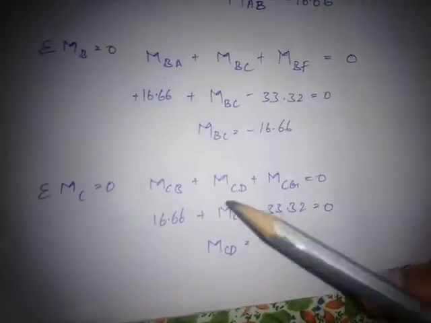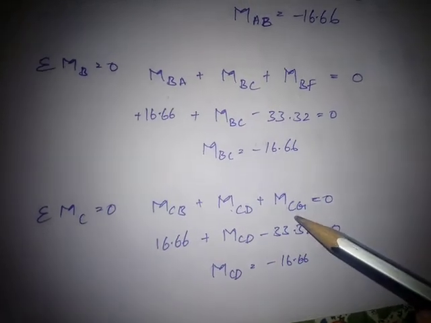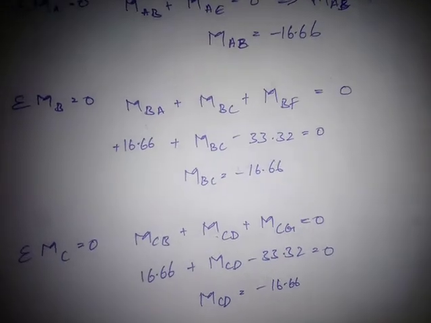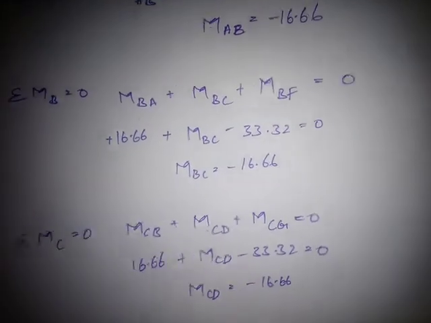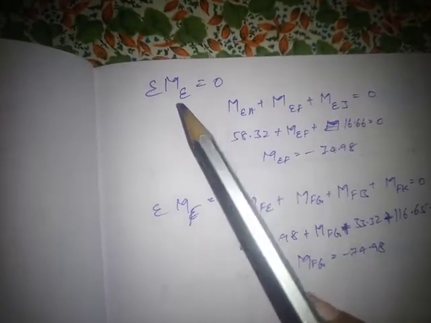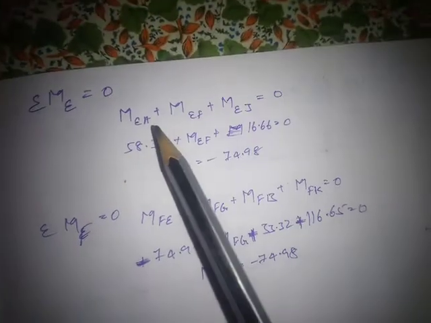Similarly for joint C, MCB plus MCD plus MCG equals 0, that is 16.66 plus MCD minus 33.32, where MCD is equal to 16.66.